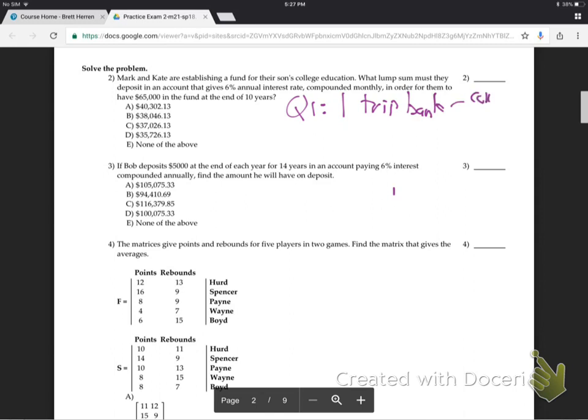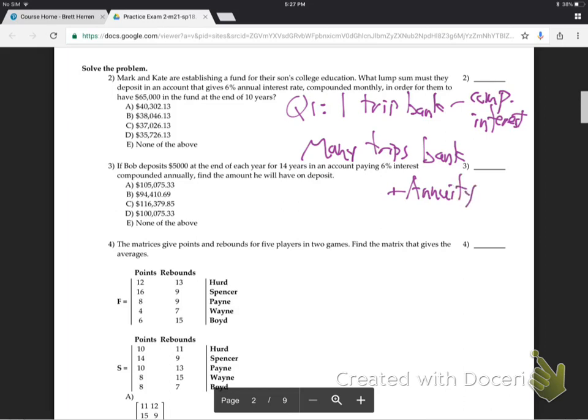If so, it's the compound interest formula. Or is it many trips to the bank? If so, it's an annuity.